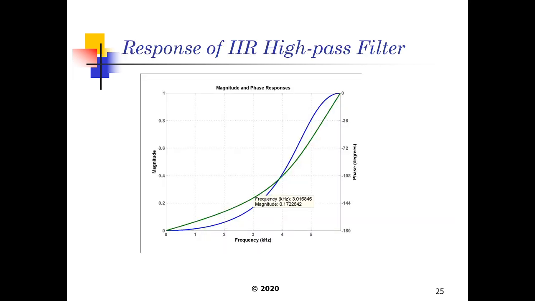The response here shows that instead of it being this way, it's going to be the opposite way: it starts from 0 and goes up for the high pass filter design. For a low pass filter design, it will start at some value and go towards some negative value, but a high pass filter design will start at 0 and go up to some value.